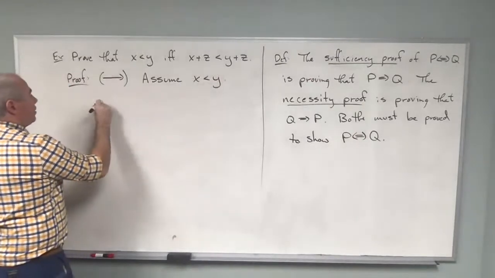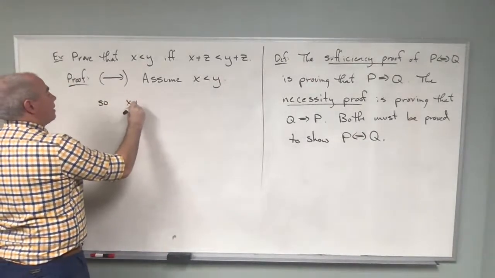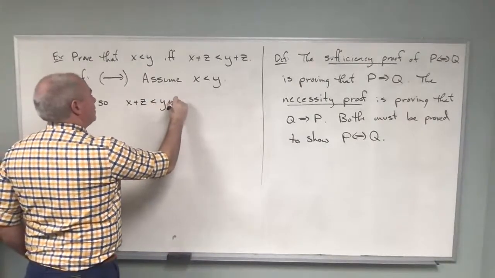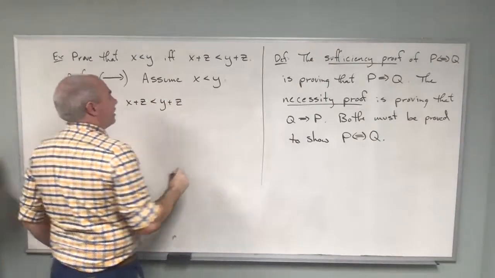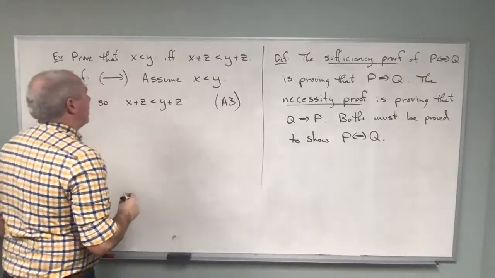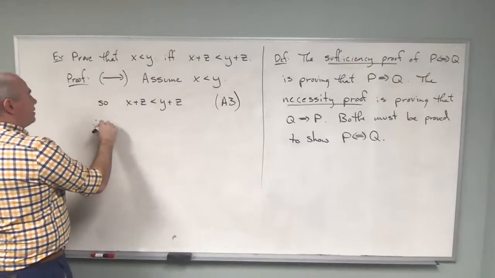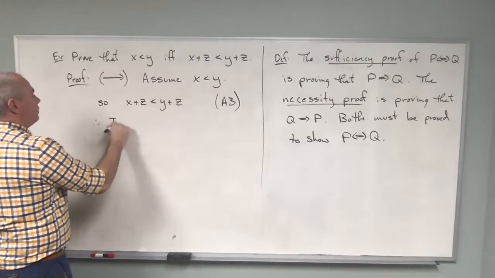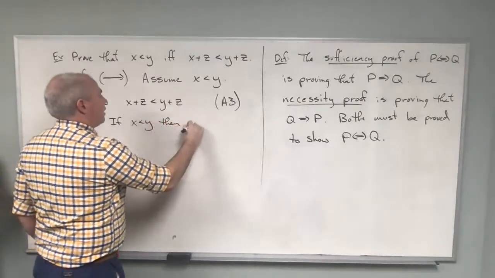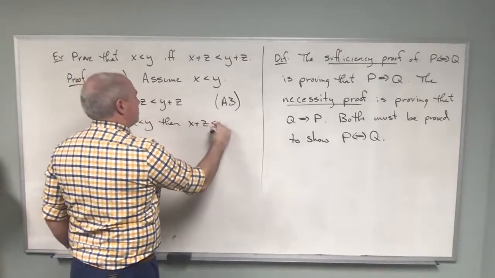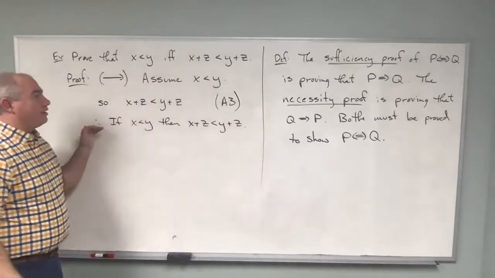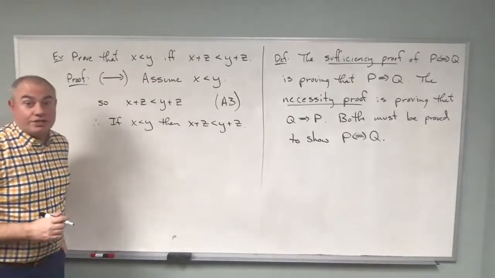So I could say, x plus z is less than y plus z by A3. And therefore, I could say that if x is less than y, then x plus z is less than y plus z. Okay, and that means I'm done with what we would call the sufficiency proof.